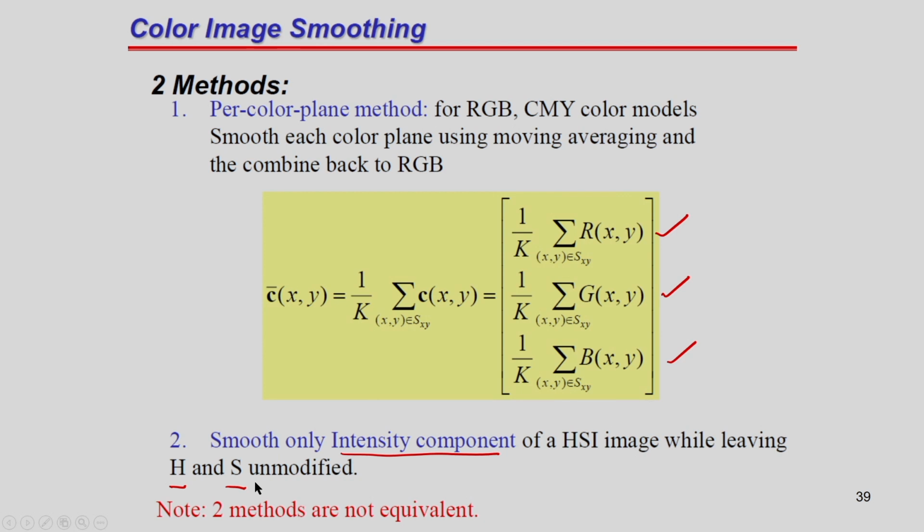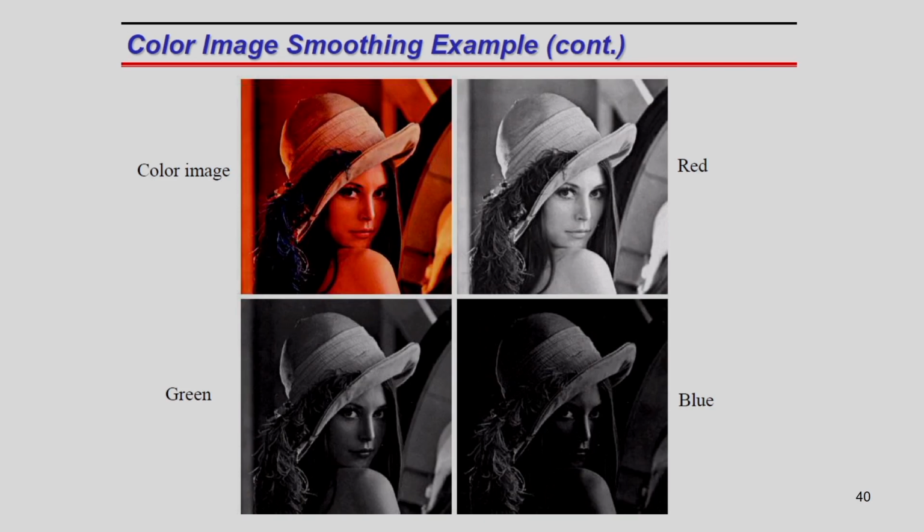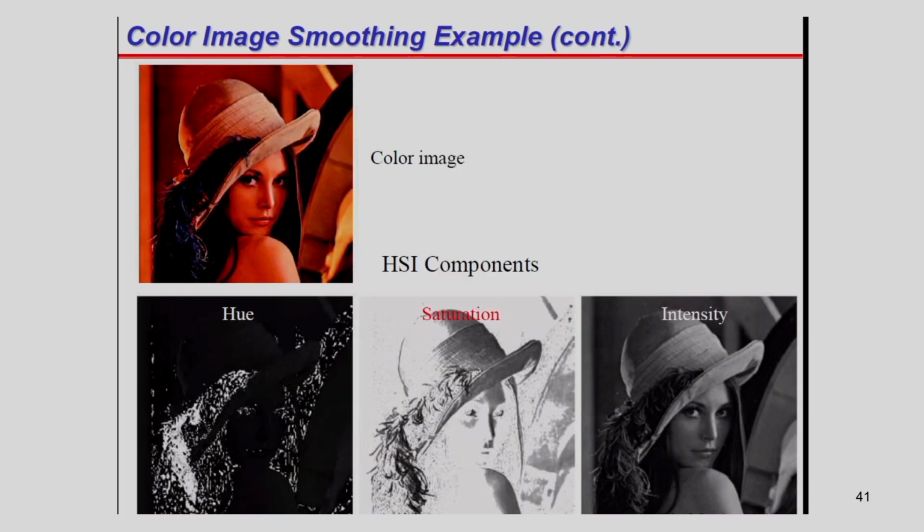You can see the example: the input is the color image, and I have shown the red, green and blue components of the image. And I have shown the hue component, saturation component and the intensity component that you can display, because the RGB can be converted into HSI by using the transformation.